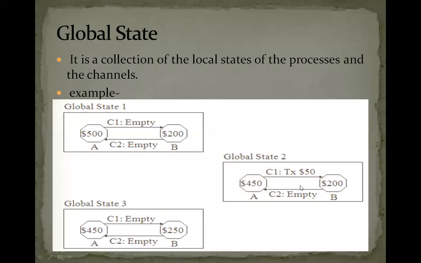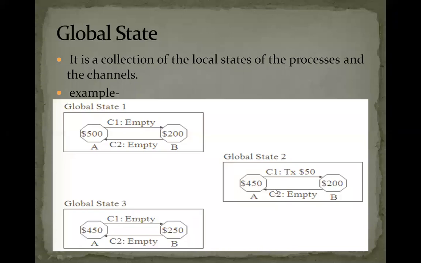The reason for this is very simple: the state of A has been recorded before the message was sent, as well as the channel state. As far as the channel state is concerned, it was recorded after the message is sent.